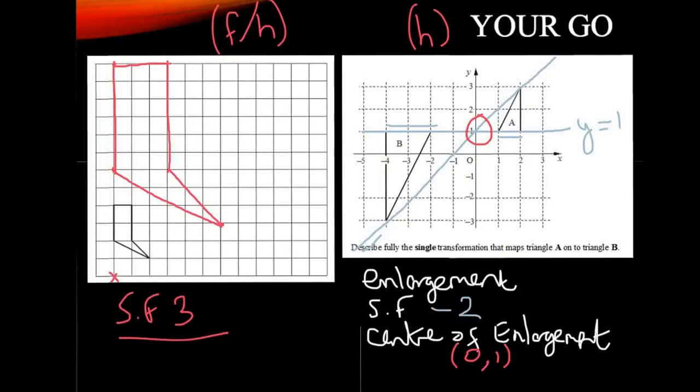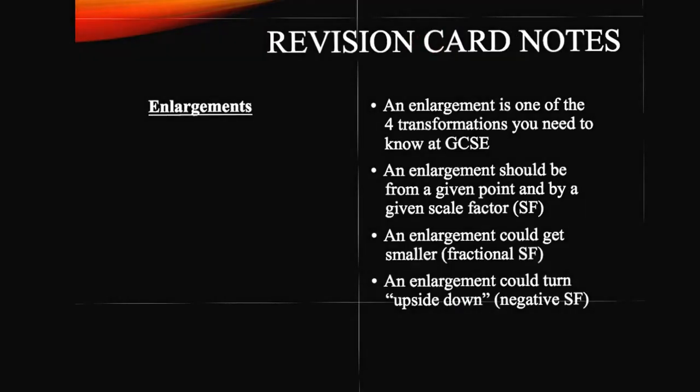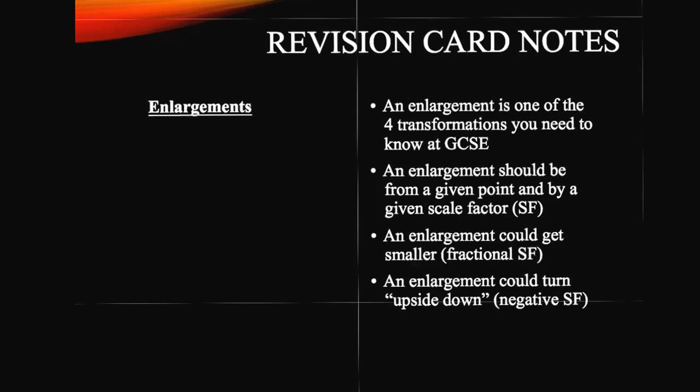Finally, let's just have some revision notes. Okay, so here's the notes that you can take for enlargement. So an enlargement is one of the 4 transformations you need to know at GCSE. The others being rotations, reflections and translations. You've got to enlarge from a given point and by a given scale factor. So you need your centre of enlargement, you need your scale factor.